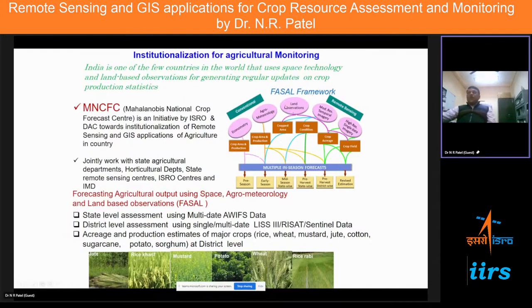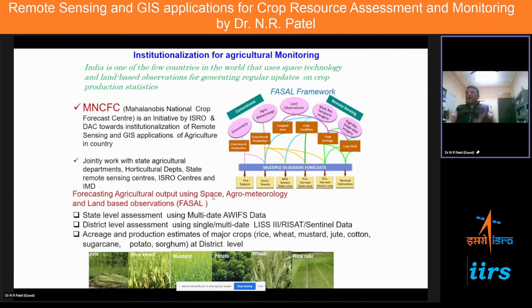This is the program called FASAL, Forecasting Agricultural output using Space, Agrometeorology and Land observation. Why? Because space alone can provide information, but we need to develop a connection with the ground, so ground observation is always required. Also, agriculture takes place under open sky, and for any activity under open sky, weather has a main role to play.